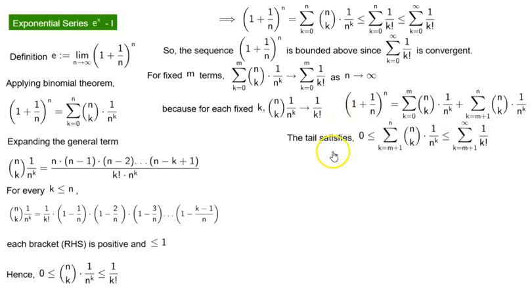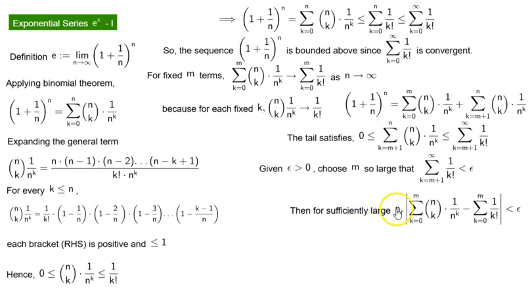So the tail satisfies the bound: 0 is less than or equal to the tail, which is in turn less than or equal to the tail of the series 1 by k factorial. Given epsilon greater than 0, choose m so large that the summation of the tail is less than epsilon.